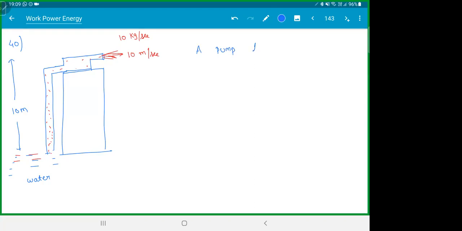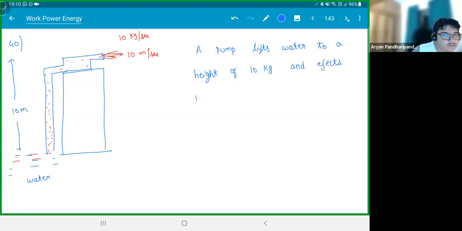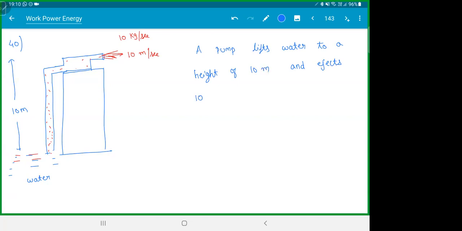A pump lifts water to a height of 10 meters and ejects 10 kgs per second with a speed of 10 meters per second.